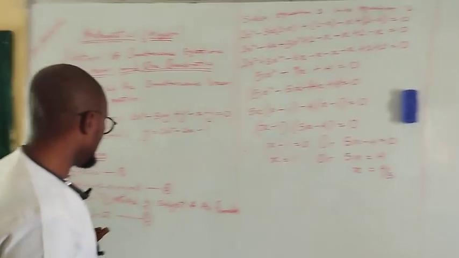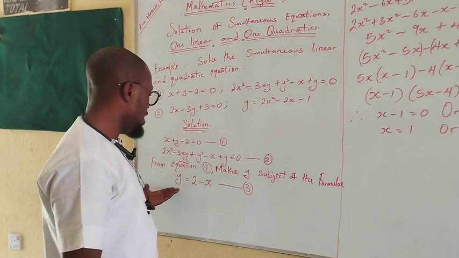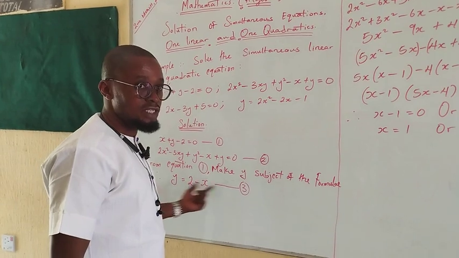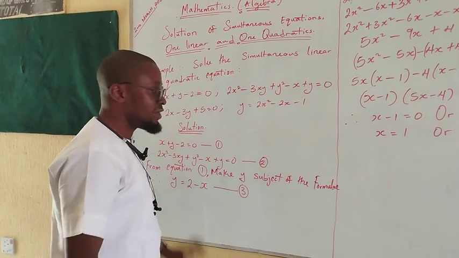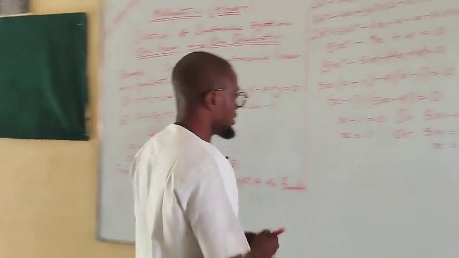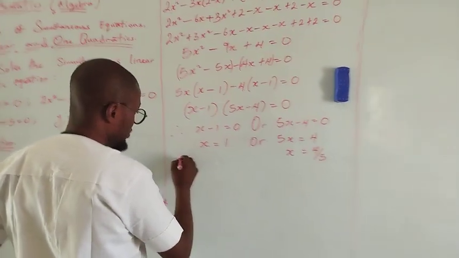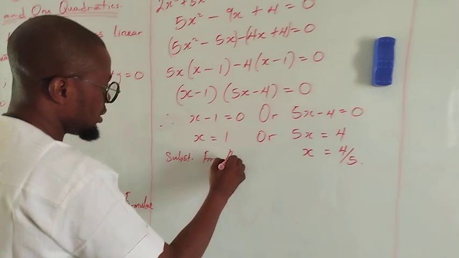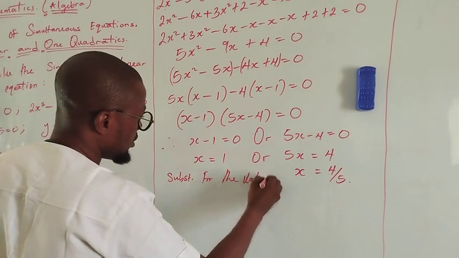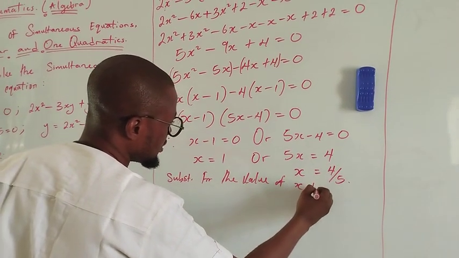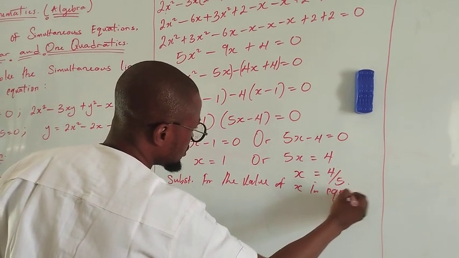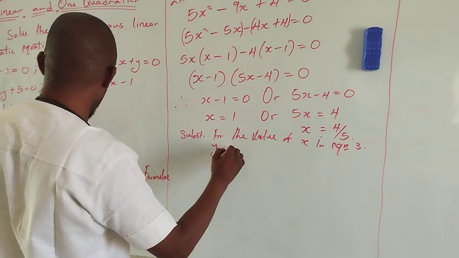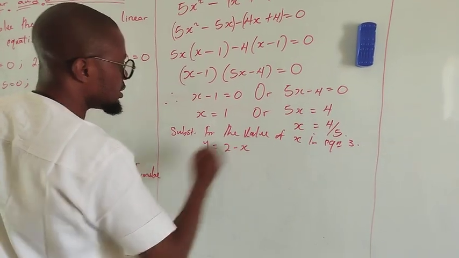We need to go back to equation 3, where we say y equals 2 minus x. So we have to substitute back the values of x that we have gotten, so that we can find the value of y. And therefore we substitute for the value of x in equation 3. Equation 3 is y equals 2 minus x.